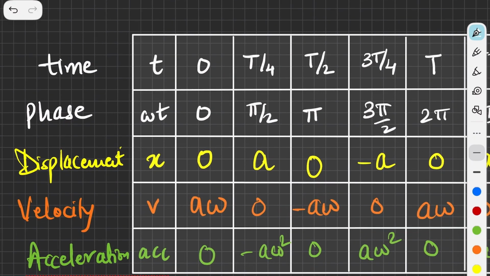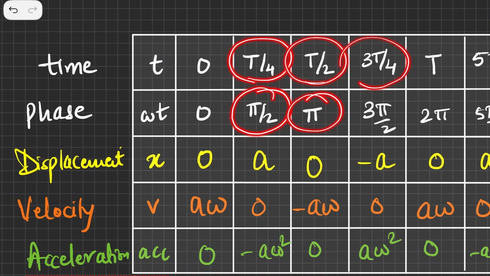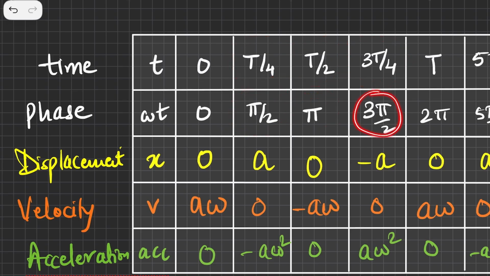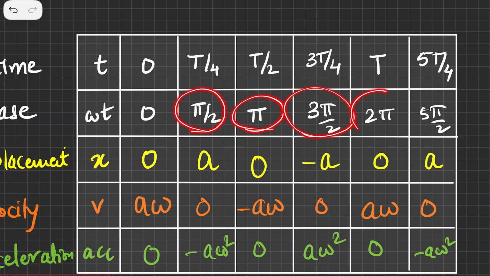If you see, for 0 time you have phase as 0. Then for t by 4 it is pi by 2, then t by 2 is pi, 3t by 4 becomes 3 pi by 2, t becomes 2 pi, and 5t by 4 becomes 5 pi by 2. Or you can just go like this: 0, pi by 2, 2 pi by 2, 3 pi by 2, 4 pi by 2, and 5 pi by 2.